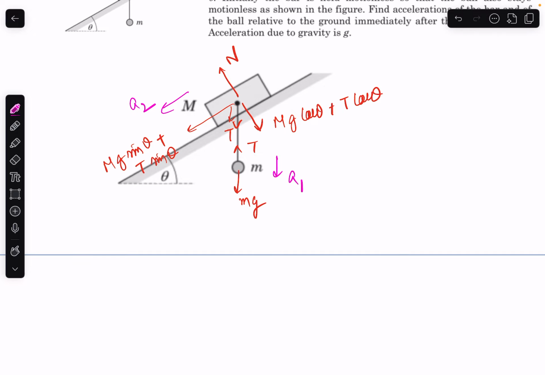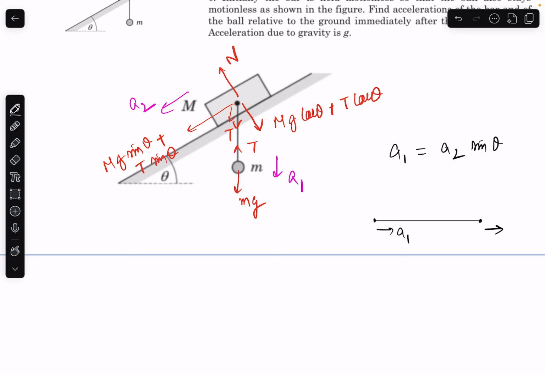So we will get two equations from the bar and one equation from the hanging ball. Also a1 will be equal to a2 sin theta, because we know that for an inextensible string the accelerations along the length of the two end points are equal.